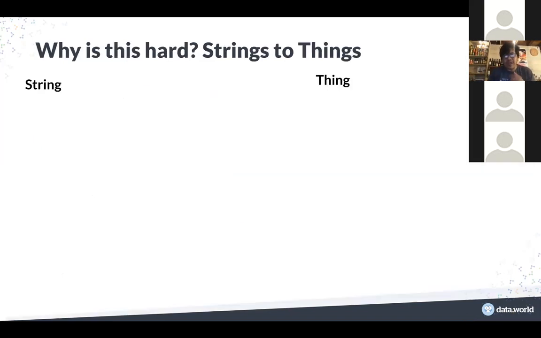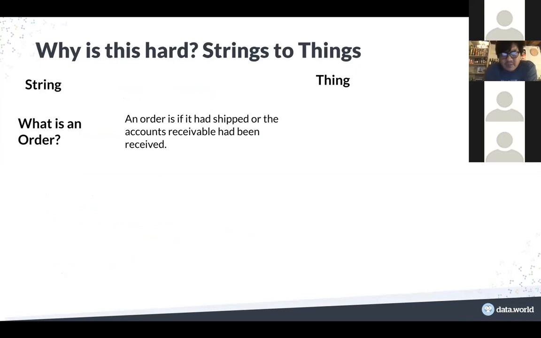And then once we do that, we realize that this whole process can be hard. Look at this. We talk about what is an order, and this order is a concept in my target. When you start defining it with the business users, you get here's my definition of an order.